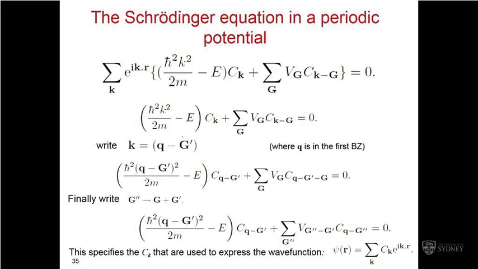Now this K vector is any vector in K space or reciprocal space. We like putting things into the first Brillouin zone, so we can rewrite K, any K that points to anywhere in reciprocal space, as being equal to a K vector, or Q, we call it Q in this case, minus a reciprocal lattice vector.